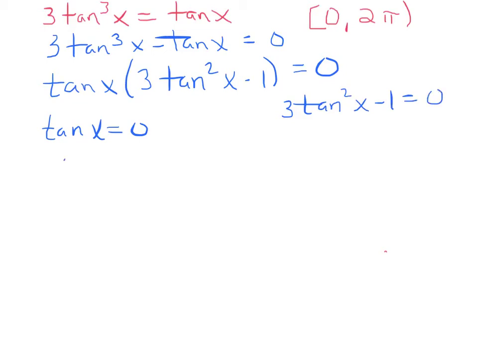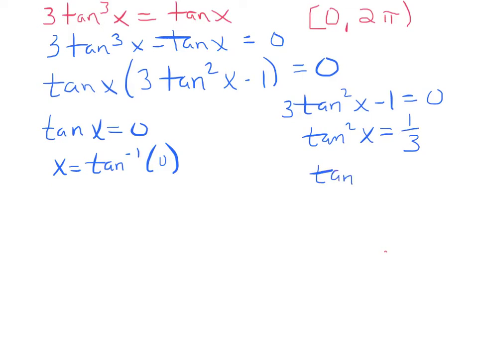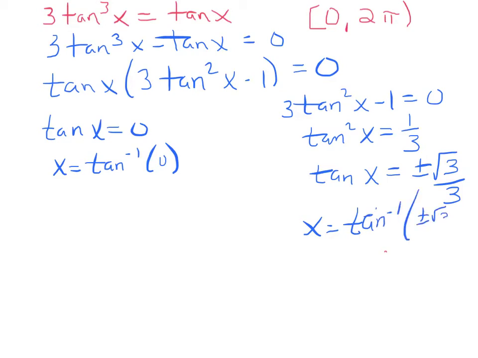And then I solve. So this x would be the inverse tangent of 0. Over here, I'd go tangent squared x equals 1/3, which means that tangent of x would be plus or minus square root of 3 divided by 3. So x is the inverse tangent of plus or minus square root of 3 over 3.